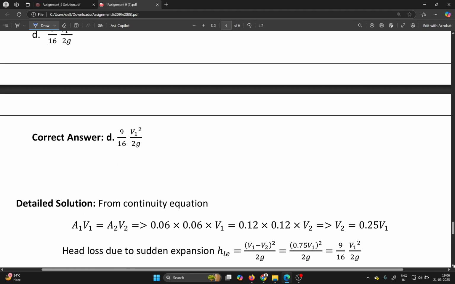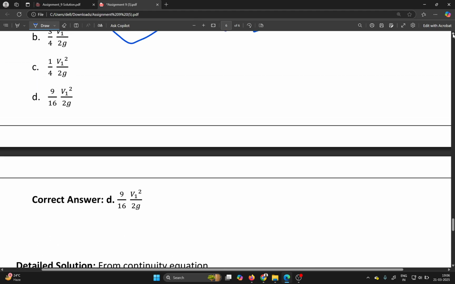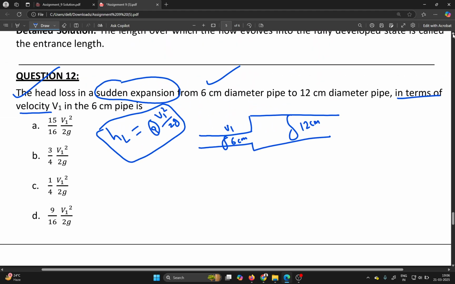But the formula is this one, the same formula for sudden expansion. So (v1 minus v2) whole square by 2g you already know. How will we remember? Here the velocity is v1, here the velocity will be v2. So you need to write the difference of velocities because two things are involved.